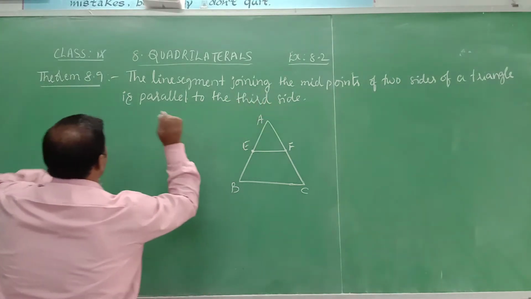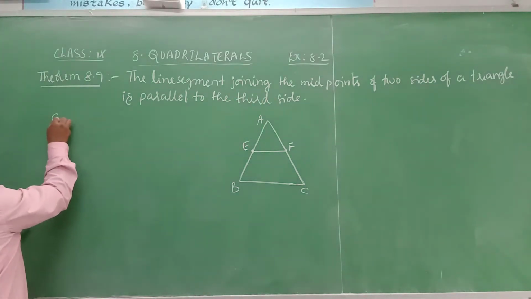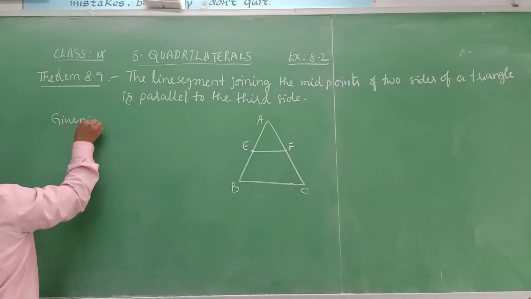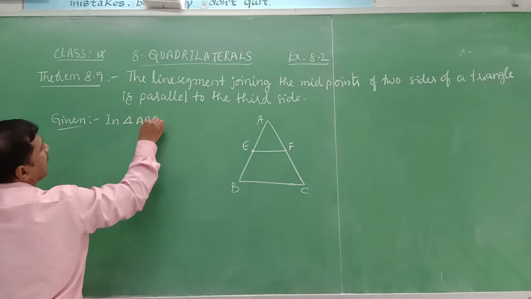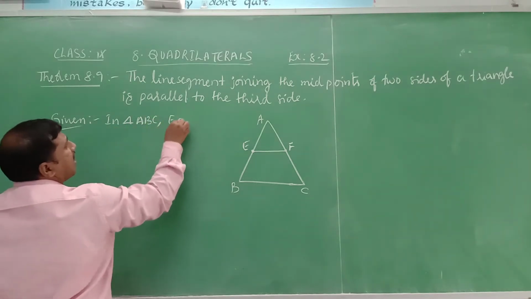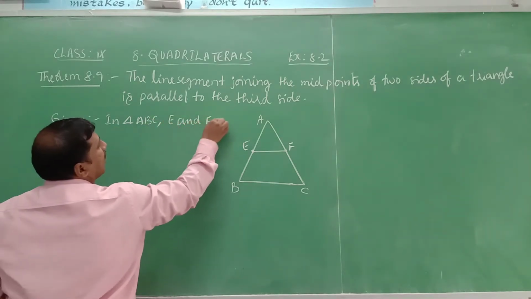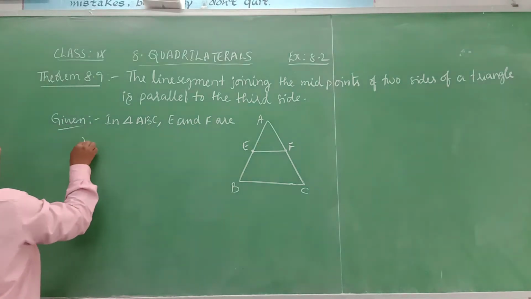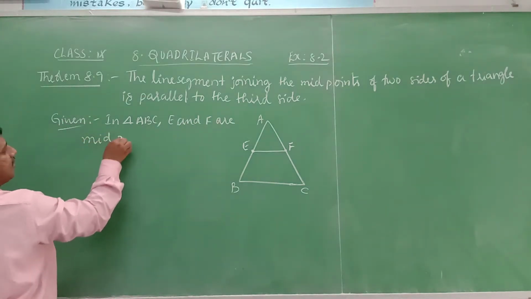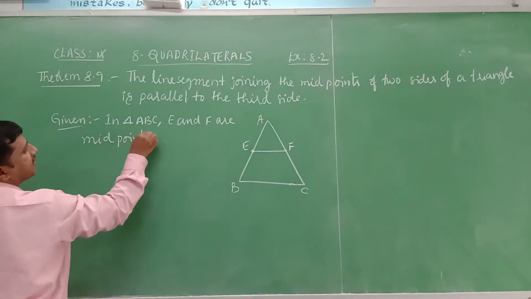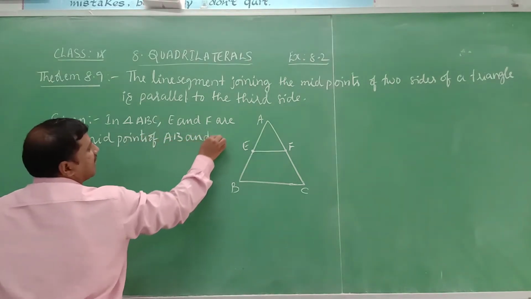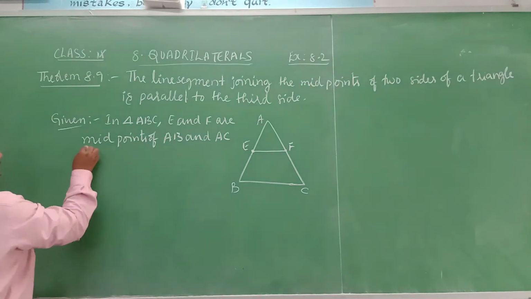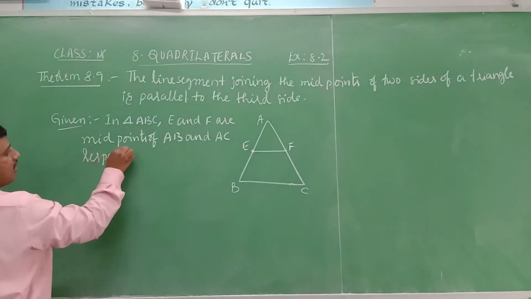Yes. How do we prove this? Given in triangle ABC, E and F are midpoints of AB and AC respectively.